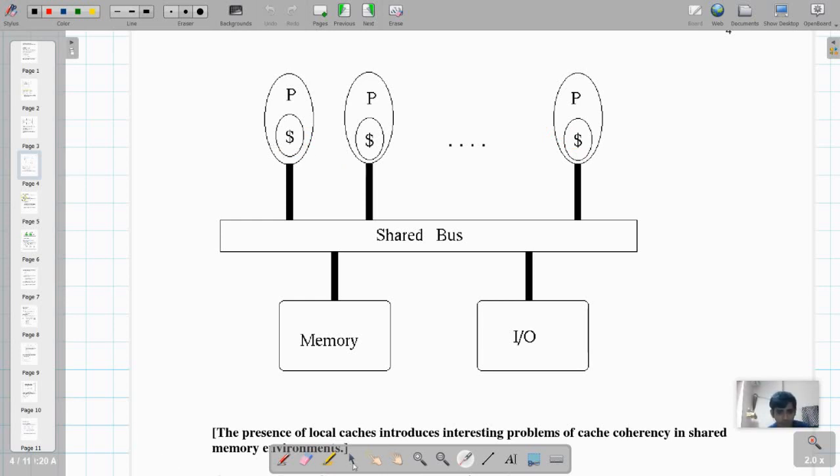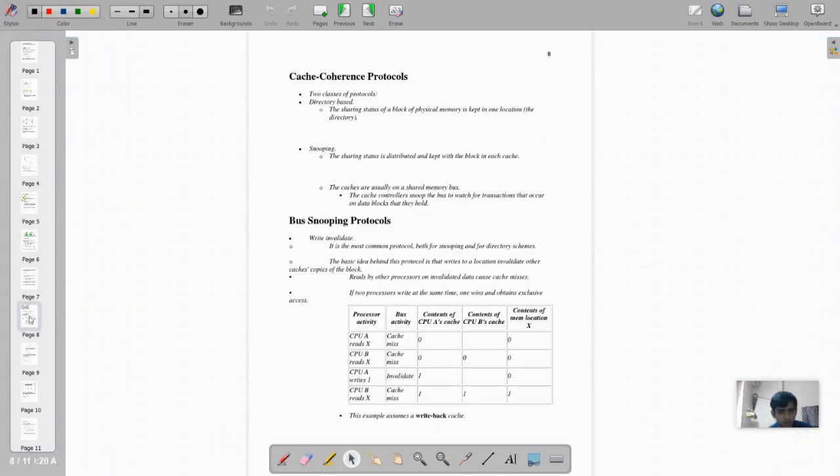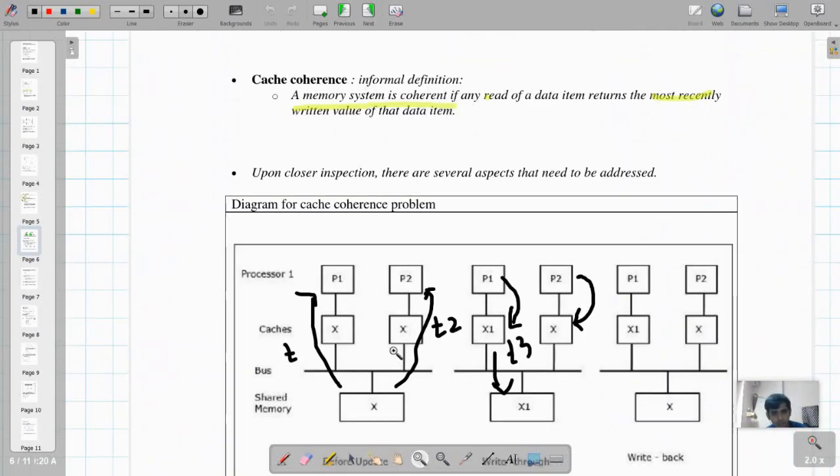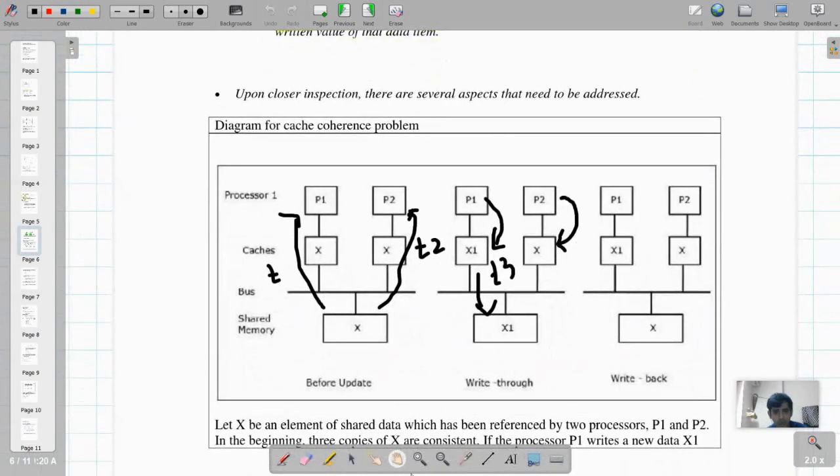And the cache coherence problem was something like this. Say you have two processors in your multiprocessor architecture, processor P1 and processor P2, and in your centralized shared memory there is a data item X. Now, at time t, what happened?